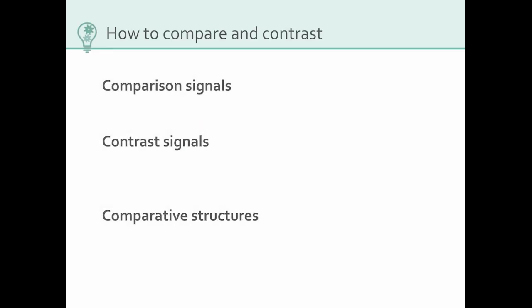To compare and contrast, speakers and writers use some of these expressions. Some comparison signals are: similar to, like, similarly, in the same way, as, both.